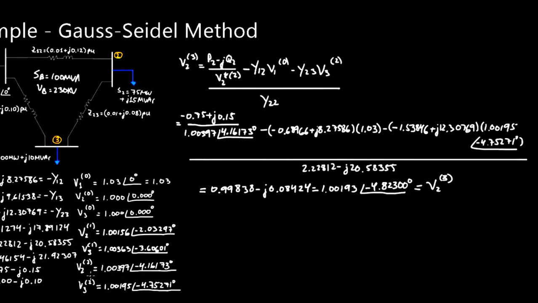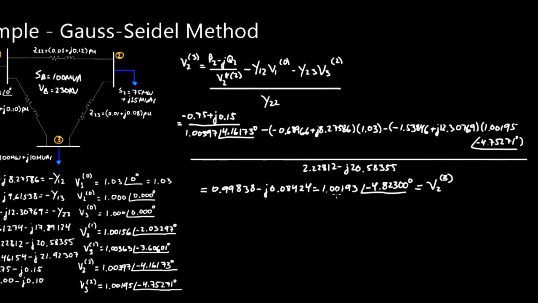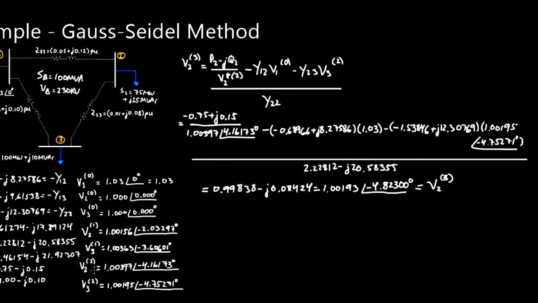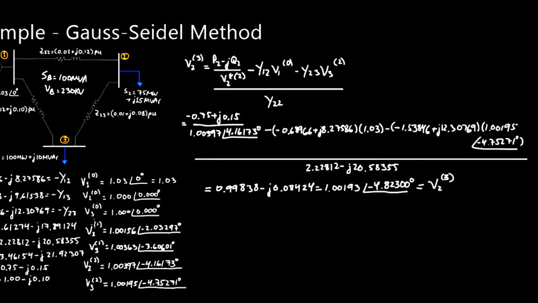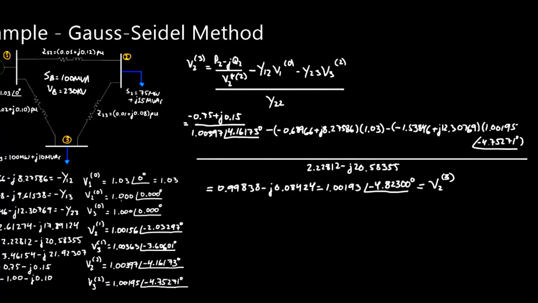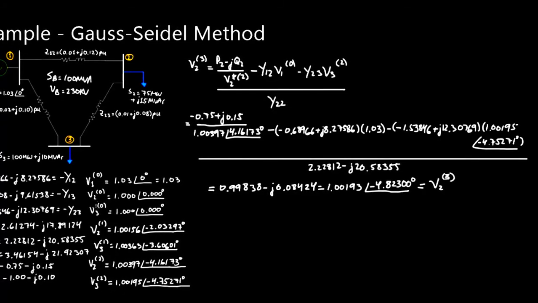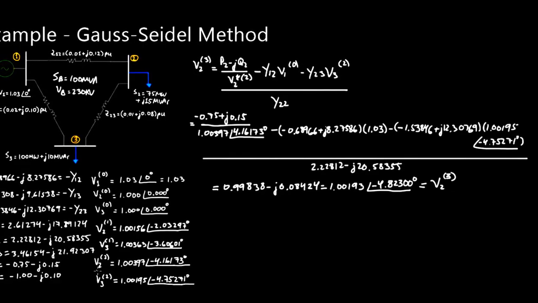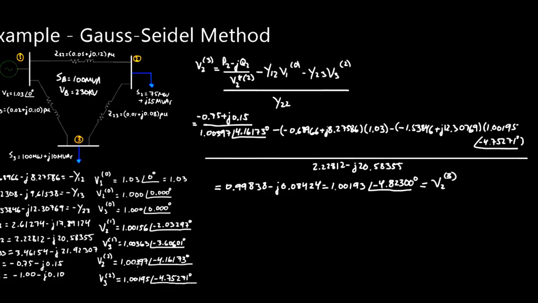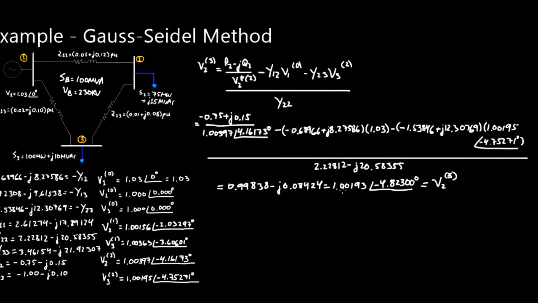And so comparing that to V2 of 2, we see that the magnitude went down now. Remember that from iteration 1 to 2 it went up, and also from 0 to 1 it went up as well. So 0 was of course 1, which was our initial assumption, and then V2 of 1 went up in magnitude a little bit, V2 of 2 went up in magnitude again, but now it's starting to come down.